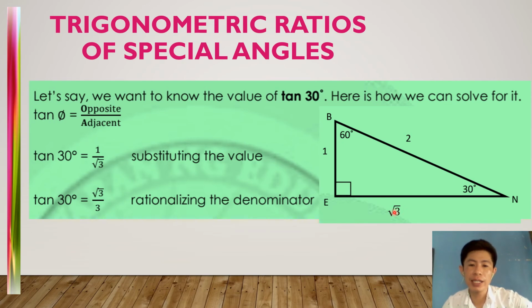Pero, iche-check ulit natin kung tama ba yung theorem kanina. If the hypotenuse is 2, kalahati ng 2 ang magiging length ng shorter leg, which is 1. So, that is correct. Dito naman sa longer leg, kukunin lang yung number dito, 1, tapos lagyan ng square root of 3, so that is 1 square root of 3, or simply the square root of 3. Tama naman siya using our theorems.